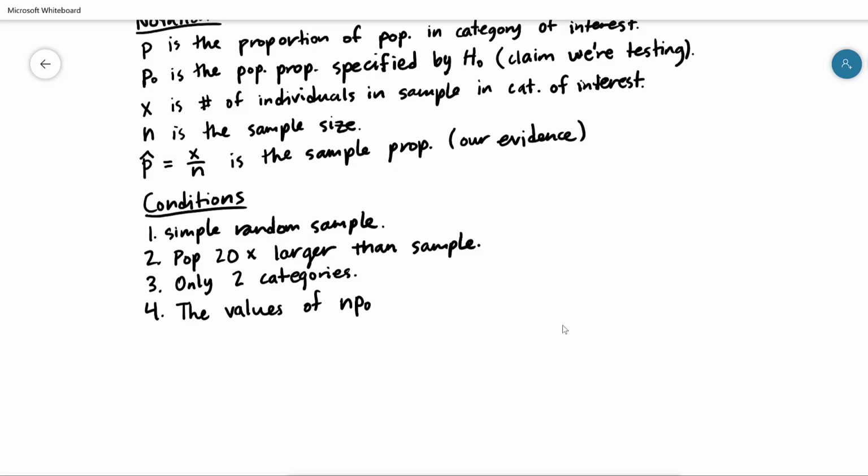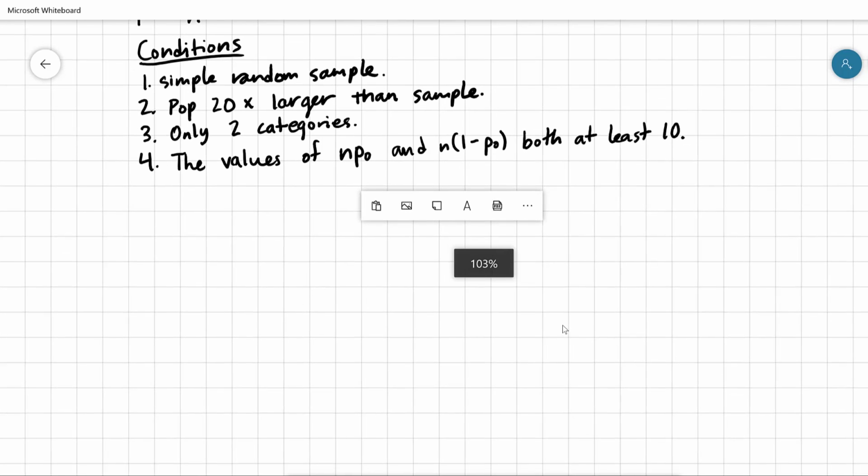So the values of n times p naught and n times 1 minus p naught, that would be the number of individuals that aren't in that given category. These are the numbers that both need to be at least 10. So we'll do that when we do our example in just a little bit.